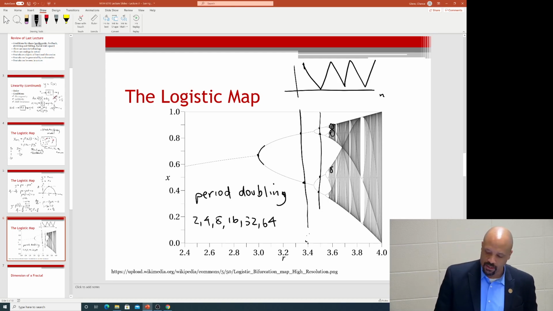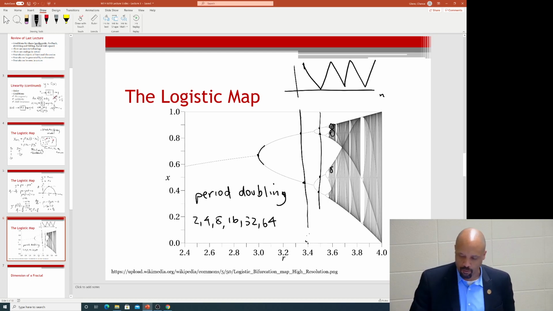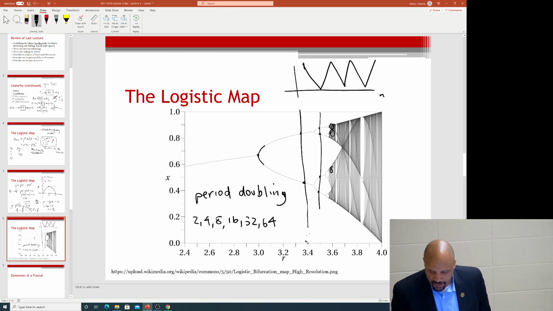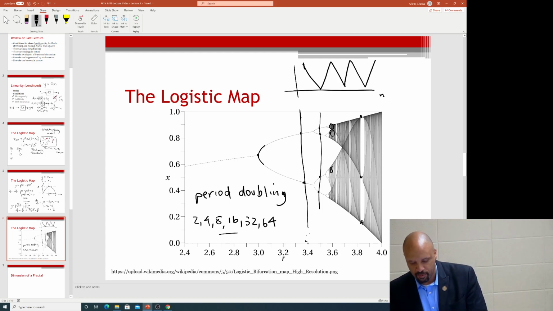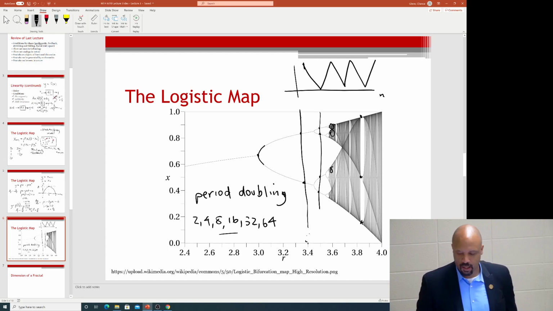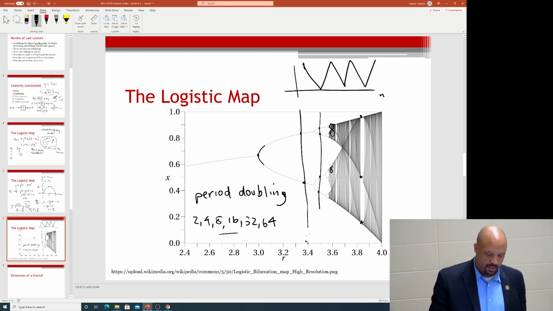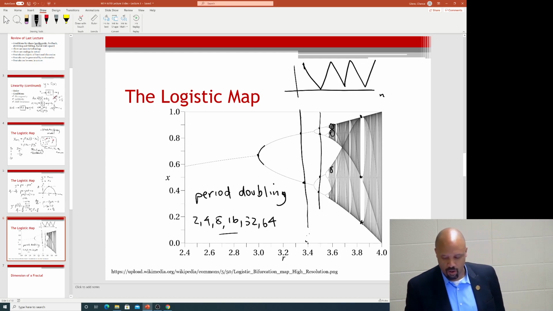The reason it doesn't keep doubling forever is that right here is a period 3, which means there are 3 points that it settles on, and that can't come out of this root. So it has to be something else going on that creates a period 3 type of action that comes out of here. So I definitely encourage you to read more on this.